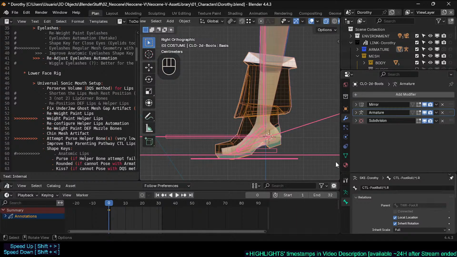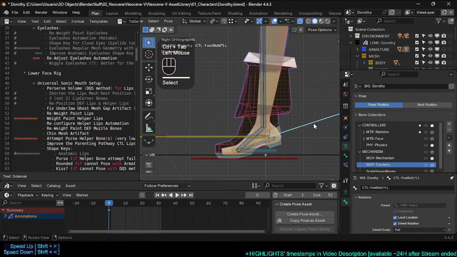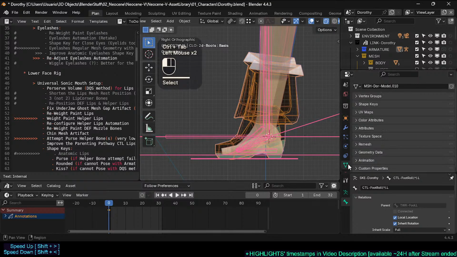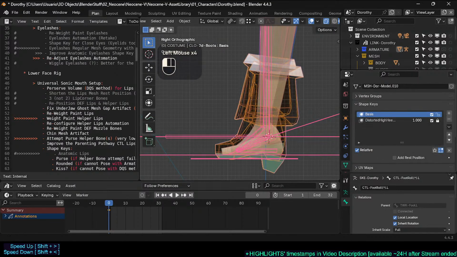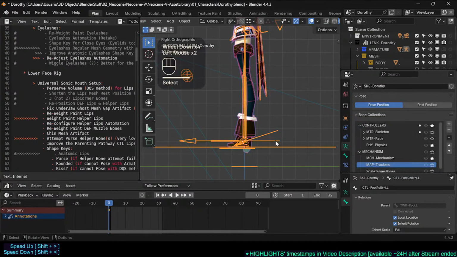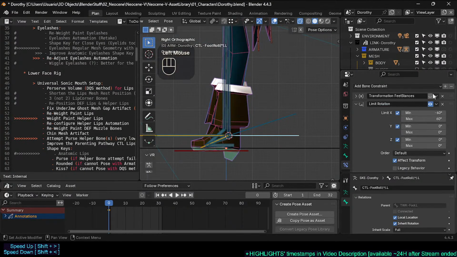And then we need to make a shape key, of course, with this thing disabled, to correct these deforms. So when we do this, the boot will have a shape key, and then let's enable this again.